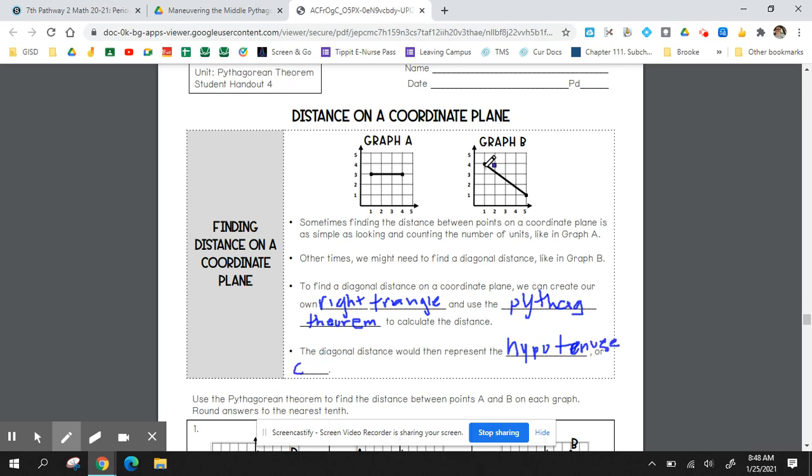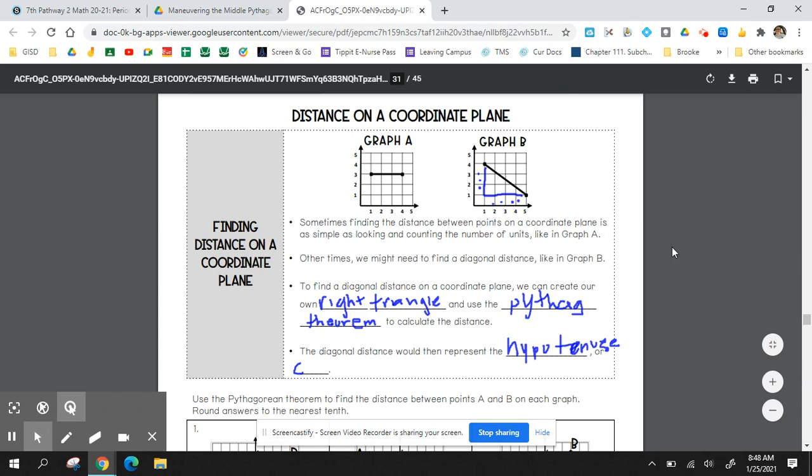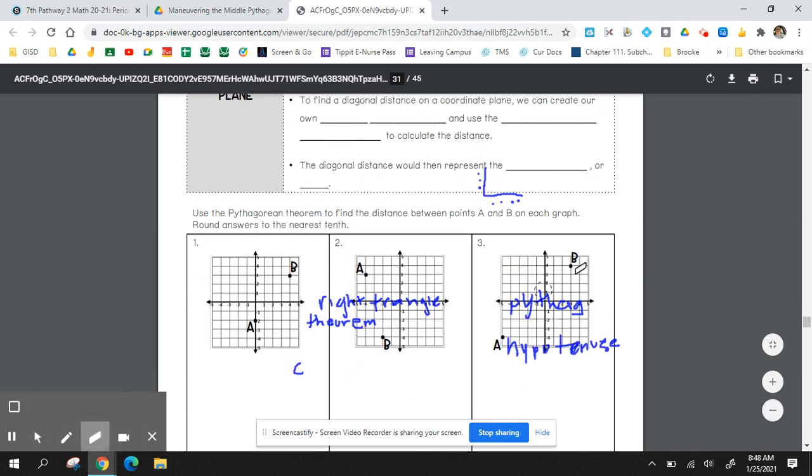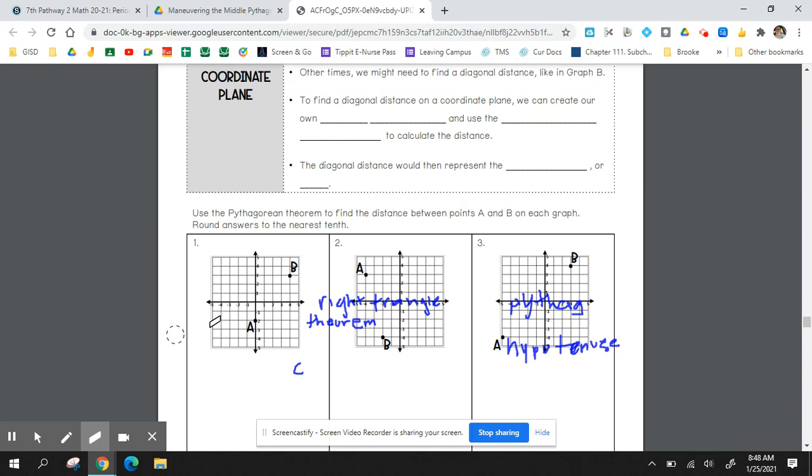Because imagine here we can bring down a right triangle. We can count these side distances and then use that for the Pythagorean theorem. Let me scooch this down some, and erase. Go back if you need to get those words.